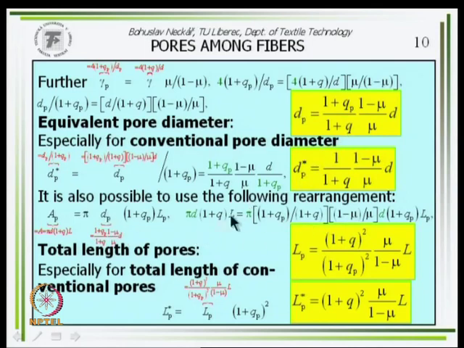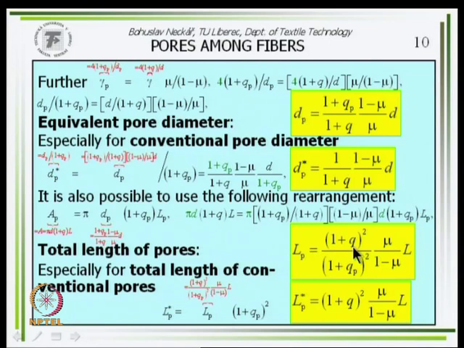After rearranging, we obtain LP, the total length of pores, as 1 plus Q by 1 plus Q square by 1 plus QP square times mu by 1 minus mu times L. L is the total fiber length, possible to calculate from knowledge of our fibrous material. Packing density, Q, but QP also.